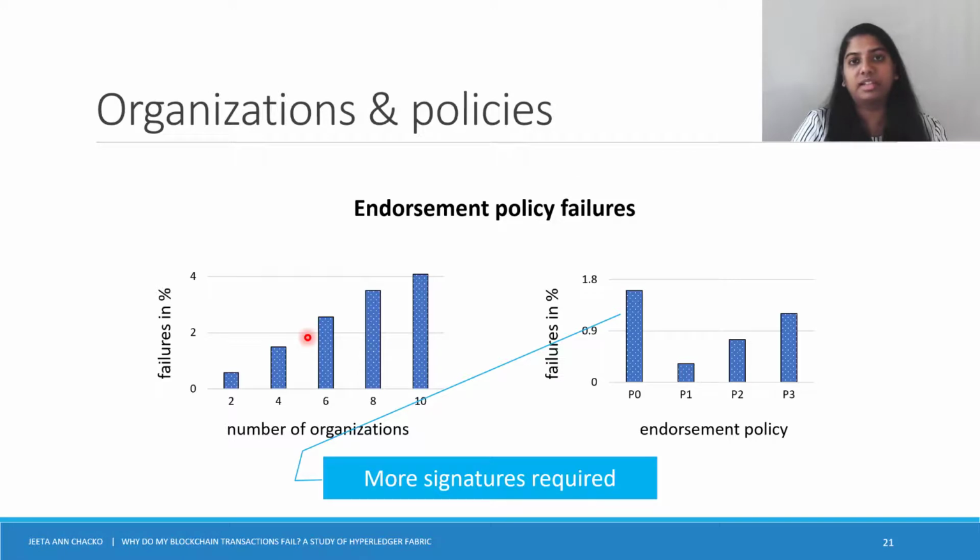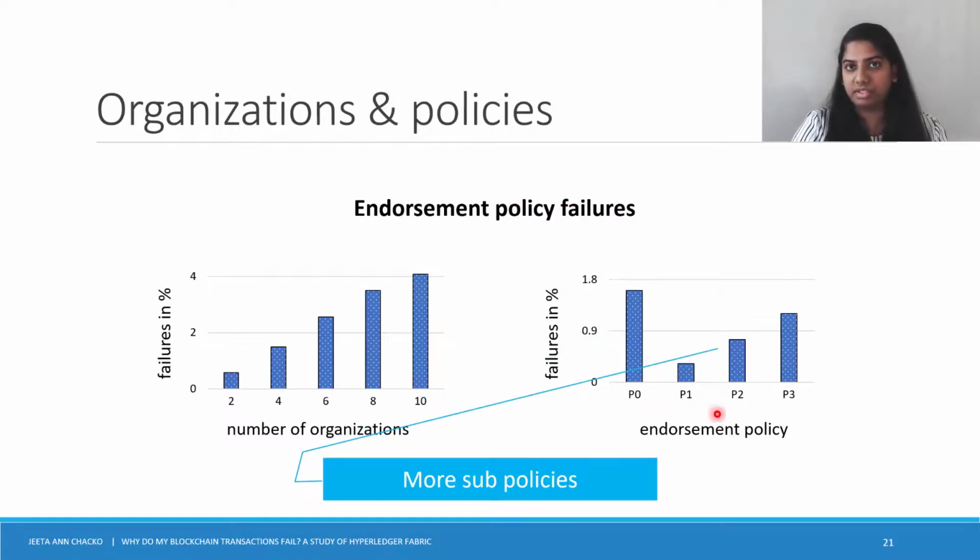Again, the same logic: when more peers need to have consistent world states, the failures will increase. Even when the same number of signatures is required, we see an increase with the increase in sub-policies. This is because the entire endorsement policy is parsed during the validation phase, and each sub-policy is considered as a separate search space. This increases the latency of the entire transaction flow, thereby increasing the probability of inconsistent world states.